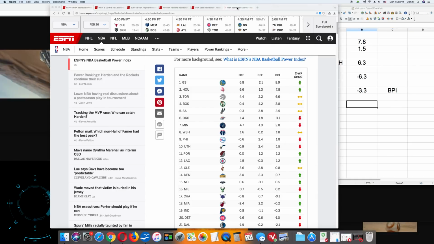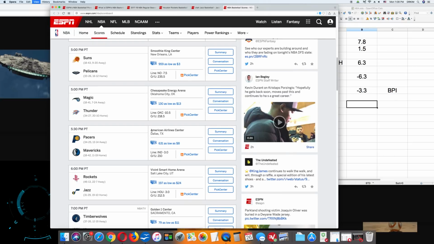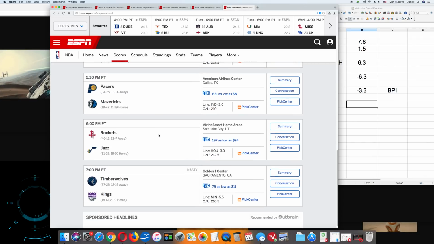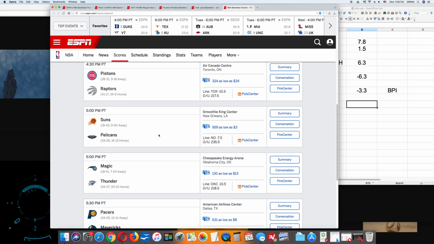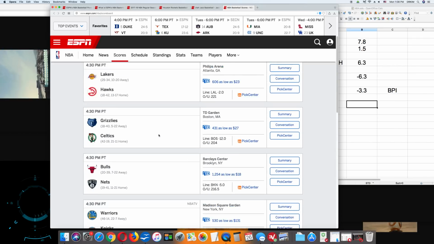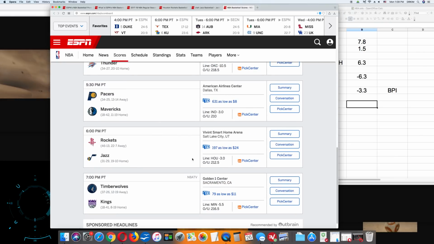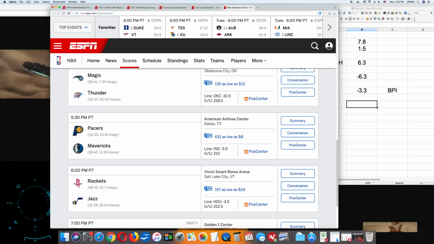So how does that compare to Vegas? Houston Rockets are minus 3. Amazing. Houston Rockets minus 3 is the Vegas line. Houston Rockets minus 3. And this is the ESPN scoreboard.